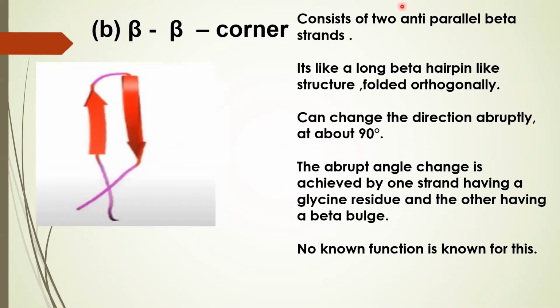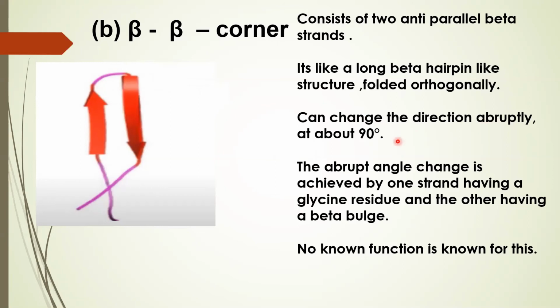Beta-beta corner, which consists of two antiparallel beta strands. You can see that both are anti, one is going this side and one is going that side. So if you want to calculate the angle which is forming, can I say that it will be plus minus 180 because both are in the opposite direction. It is like a long beta hairpin-like structure folded orthogonally.